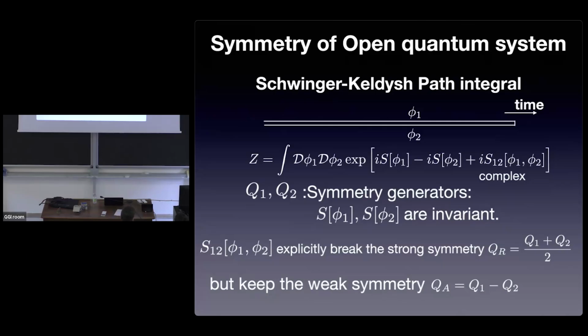Strong symmetry is an invariance under the transformation generated by Q1 or Q2.